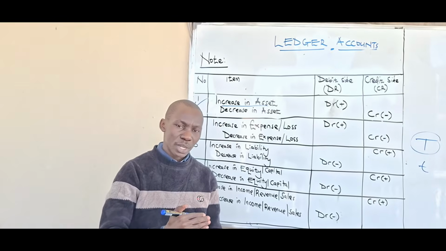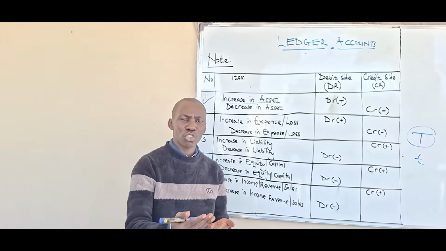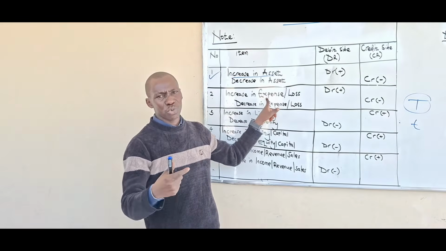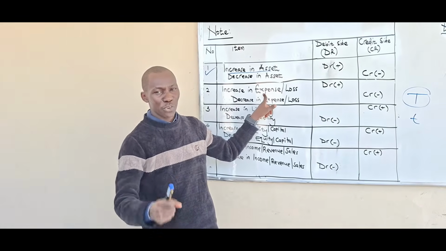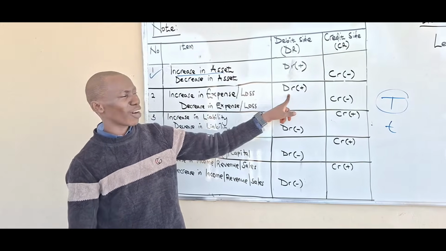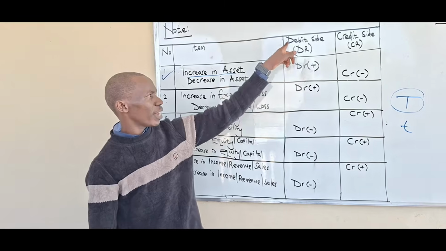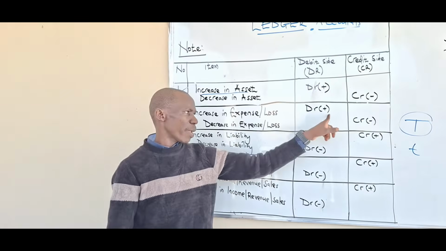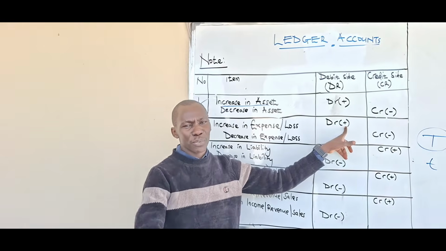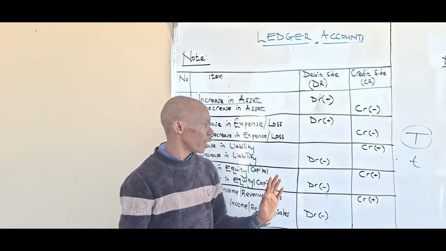It means the electricity is increasing in terms of bill. So once you find any form of expense increasing, whenever you make any payment for an expense, please don't confuse yourself about which side of the ledger account. You just go and put it on the debit side of the ledger account. By putting this plus sign, it shows that account is increasing. We are adding something on that side of the ledger account.